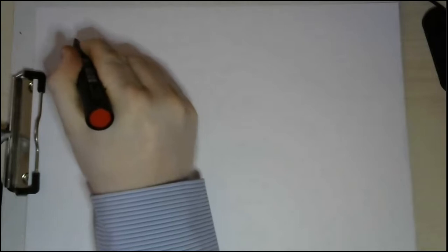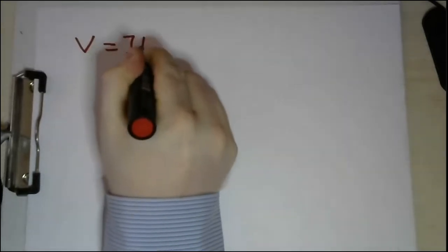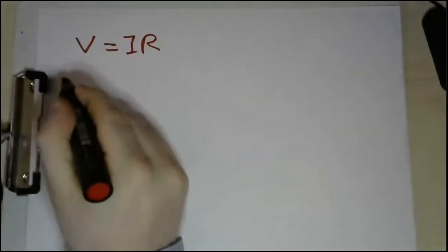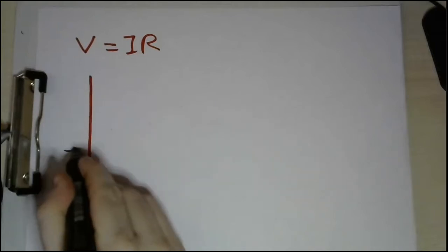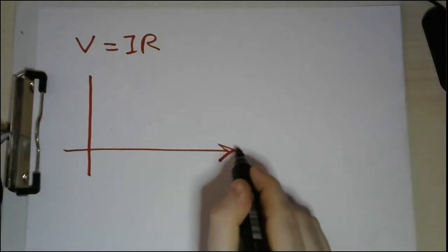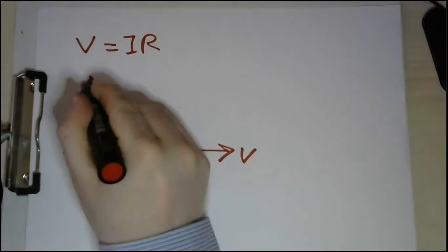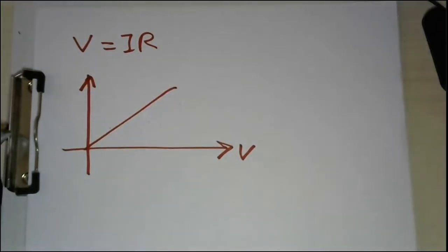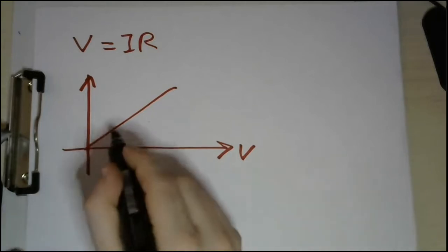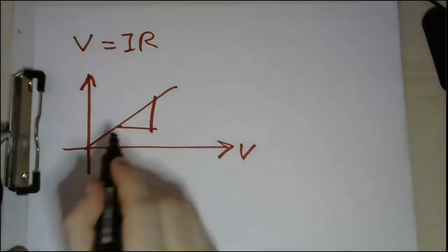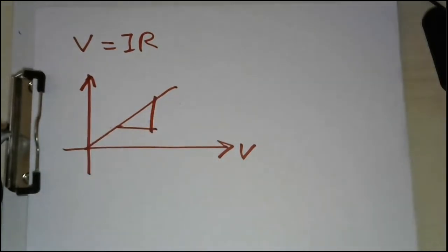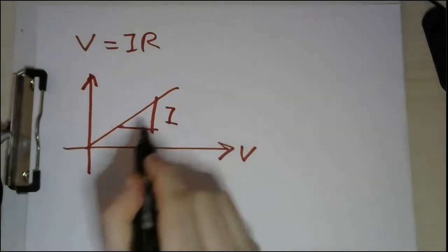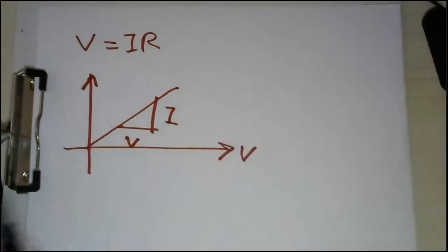We know that V equals I times R. This is the voltage, this is the current, and here is the relation as stated by Ohm. If you calculate the slope of this IV curve, you will find that it equals I over V, which is 1 over R.